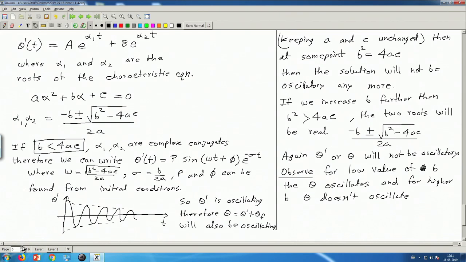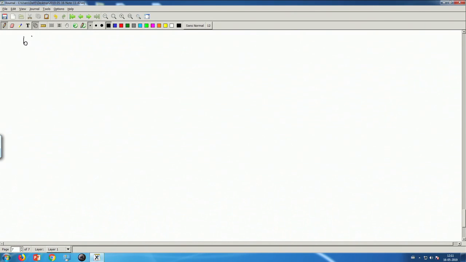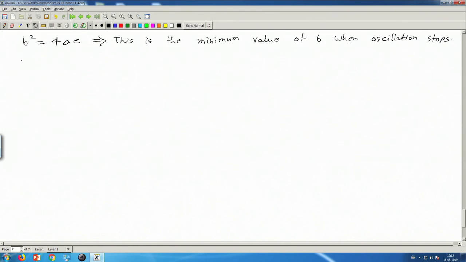Now b square equal to 4ac is the minimum value of b when oscillation stops. We call this critically damped condition, or critical damping.